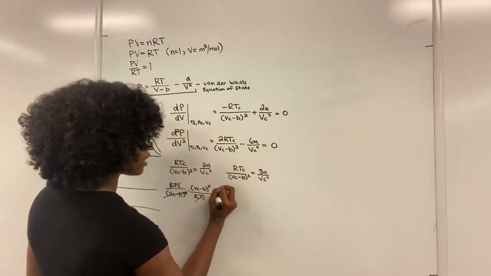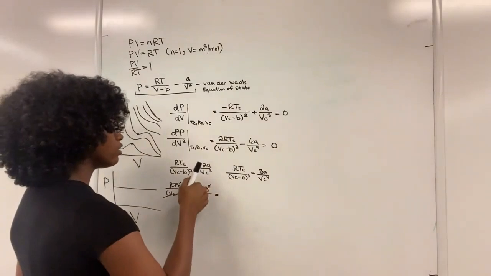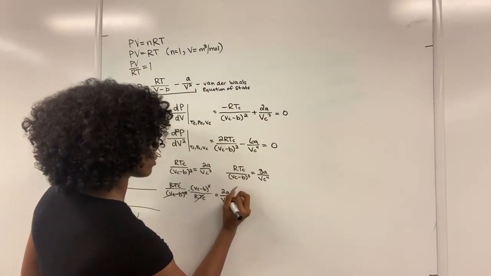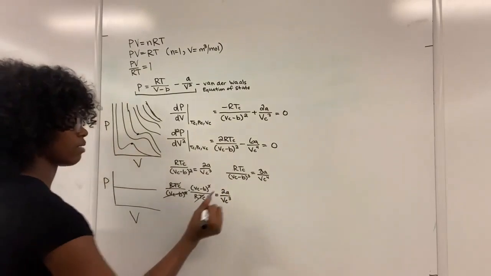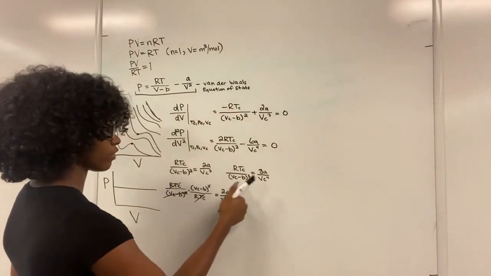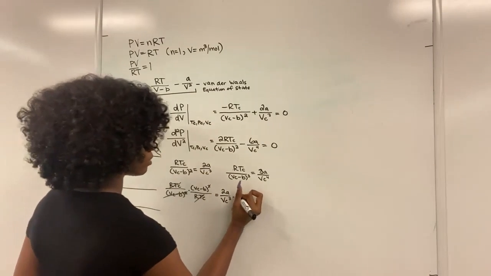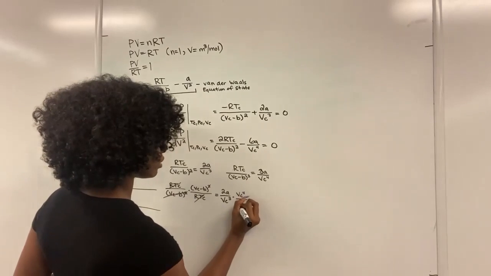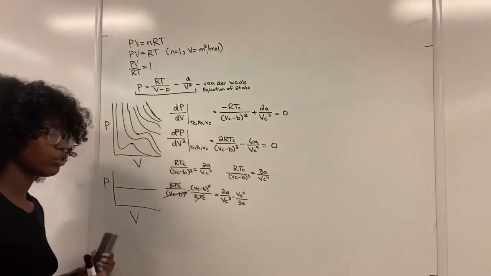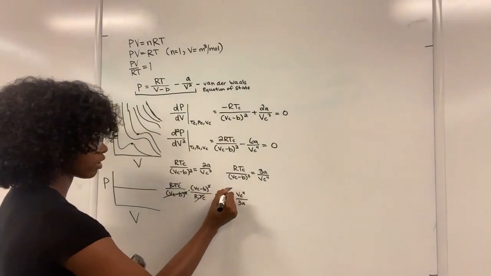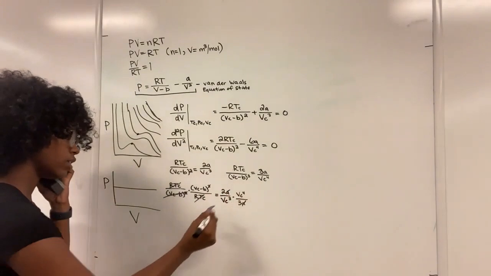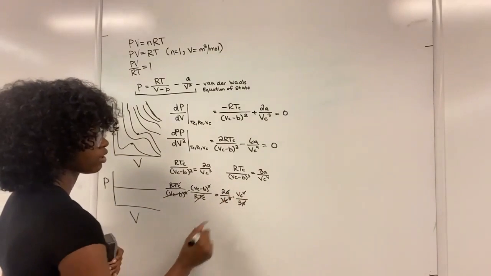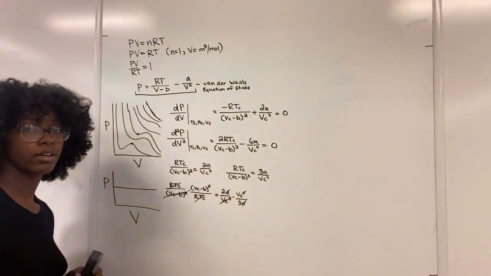And so we can set that equal to 2A divided by the critical volume cubed times the reciprocal of the term on the right side of our second equation, which is the critical volume to the fourth divided by 3A. So we can do some more algebra here and see that our A terms cancel out. This entire critical volume cubed term cancels out, and we're left with a critical volume to the first power in the numerator.